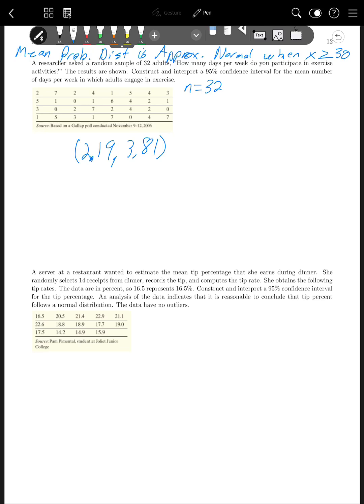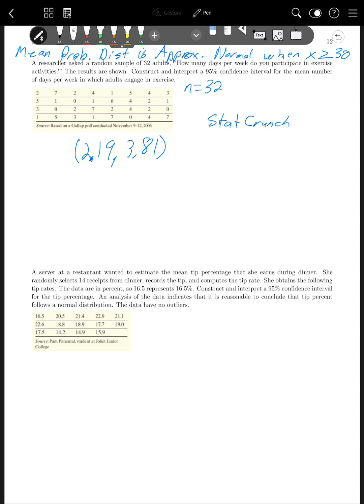Mine would go from 2.19 to 3.81. So how many days per week do you participate in exercise activity? The average American would be 2.19 to 3.81 days per week. Okay, so that's all we have to do there.